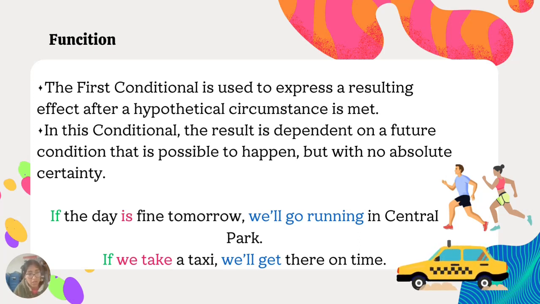In this conditional, the result depends on a future condition that is possible to happen, but with no absolute certainty. Two examples: if the day is fine tomorrow, we'll go running in Central Park. If we take a taxi, we'll get there on time.